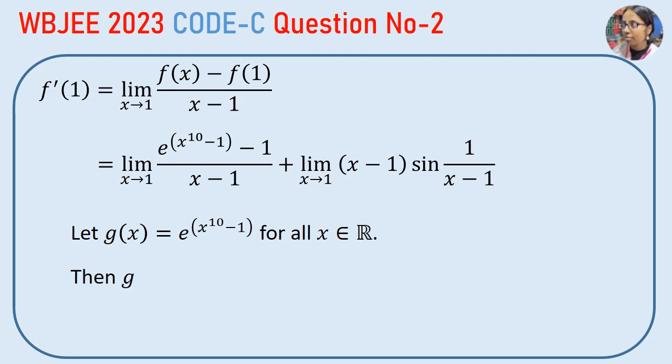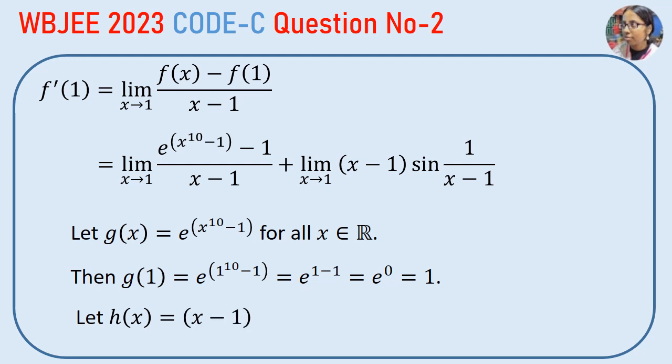Then g(1) equal to e to the power 1 to the power 10 minus 1 equal to e to the power 0, which is equal to 1. And we also let h(x) equal to (x minus 1) times sine 1 upon x minus 1 for all x belongs to real numbers with x not equal to 1.